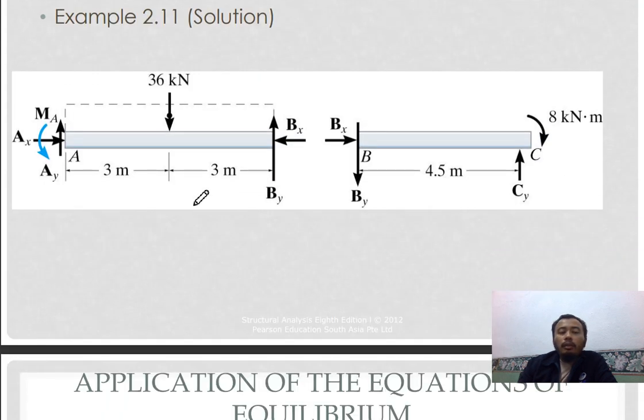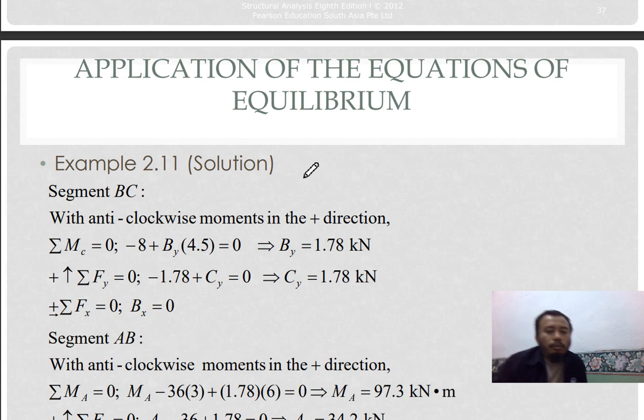So resolve according to members. You have a pin at B, so you don't have any moment here. So this is your free body diagram. So you have MA, Ax, Ay, Bx, By, and then Cy rolling. So maybe you can start with BC. This is the solution. You take moment at C: negative 8, negative because it is clockwise, positive By.